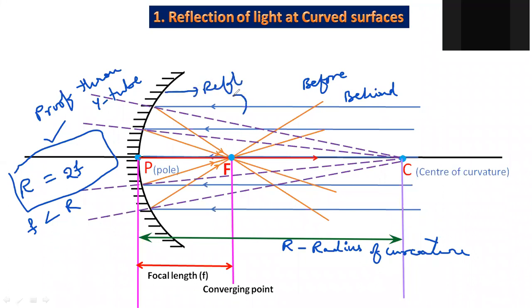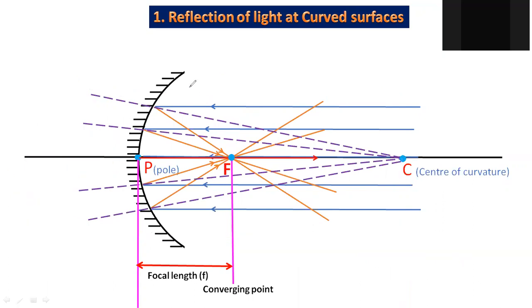Only towards the reflecting surface is this point available. So the converging point is available in front of the mirror.